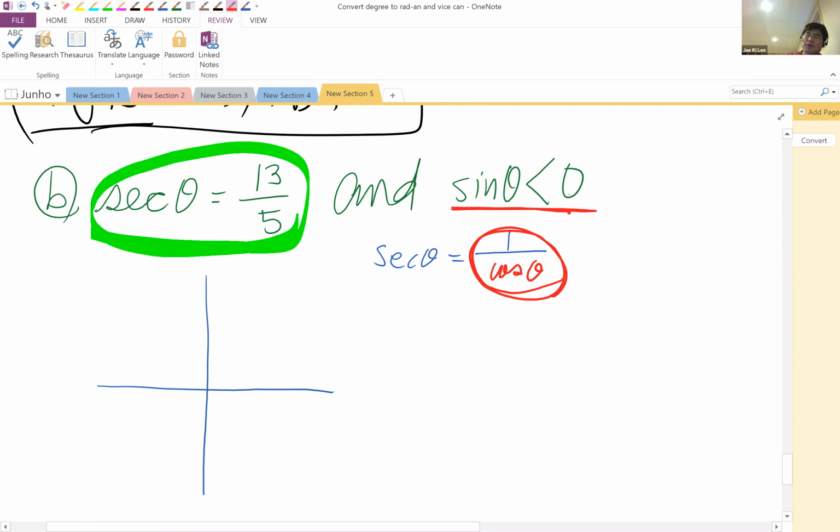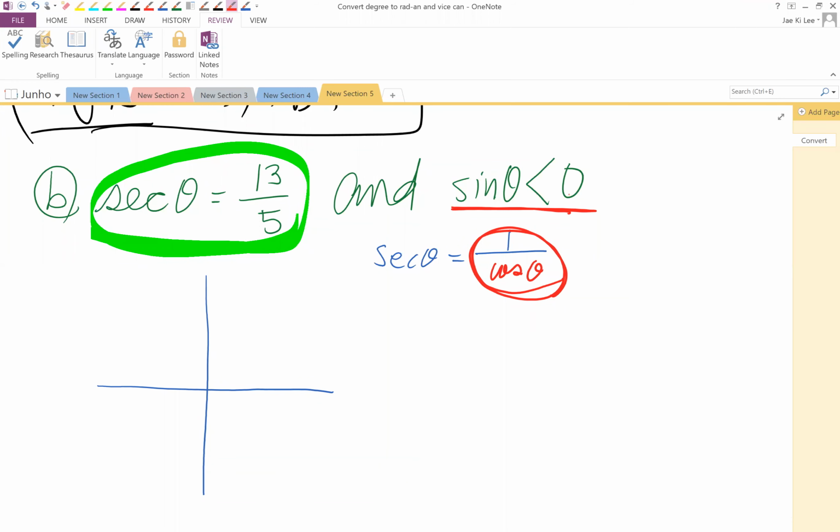So which means cosine is positive, sine is negative. Okay, which quadrant represents cosine is positive and sine is negative? No, opposite. Cosine is positive, sine is negative. So the first quadrant? Oh, wait.